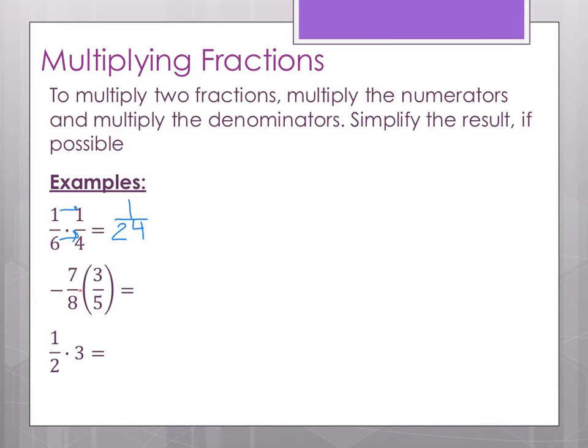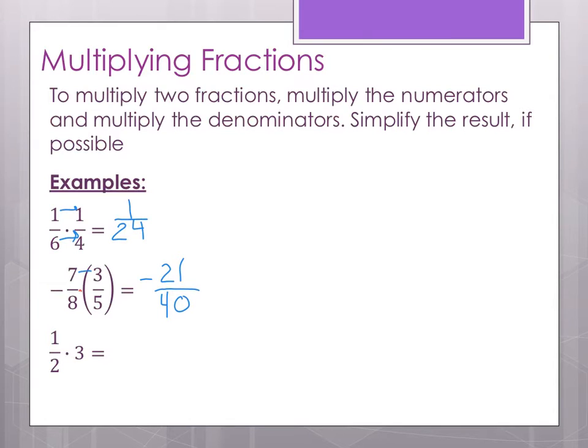I always like to write the sign first so I don't forget to later. I know that a negative times a positive is going to be a negative, so I'll go ahead and write that sign in and then put in my fraction bar. Now when I multiply across the top, I get 7 times 3, which is 21, and then 8 times 5, which is 40, and again, no common factors, so no need to simplify.